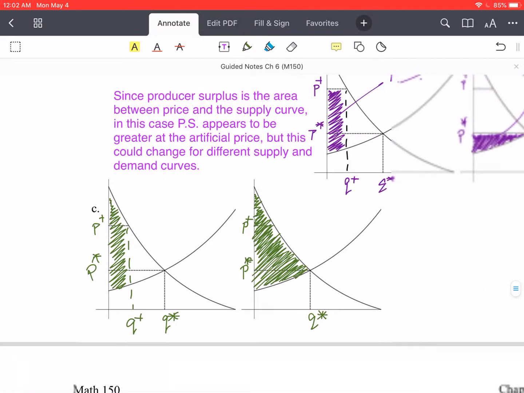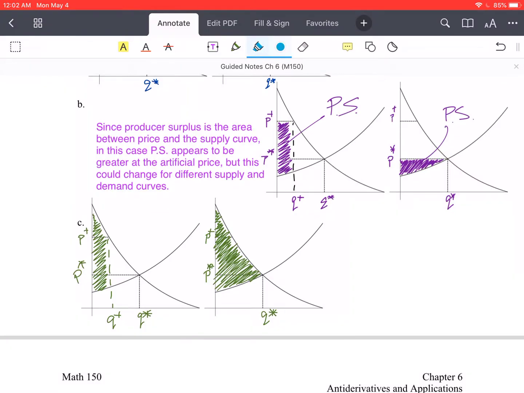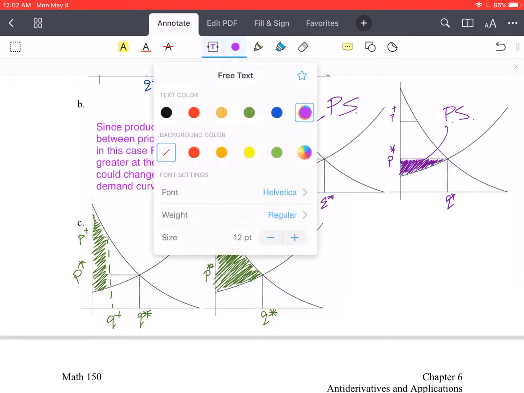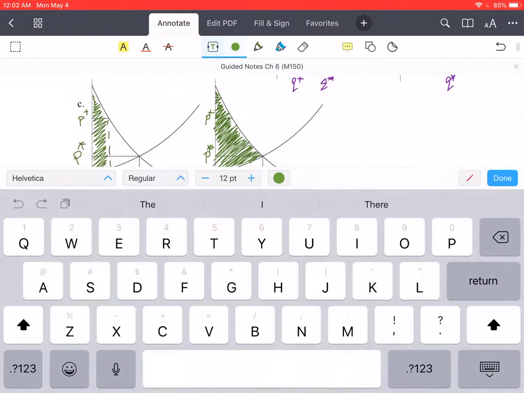Now, if we're just comparing these two to each other directly, I would say it's pretty clear which one of these has a larger area. It appears fairly significantly larger. So when we're talking about total gains from trade at the equilibrium versus artificial, it's pretty clear that equilibrium is better for everybody overall, when you combine all gains and losses.